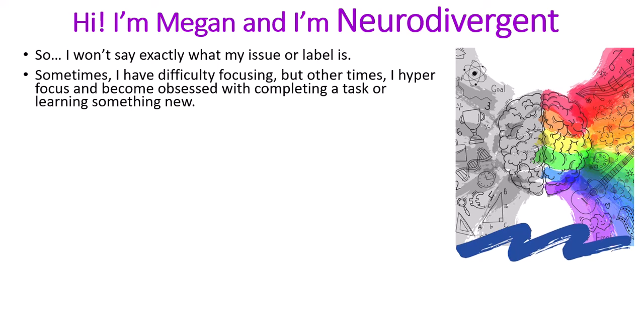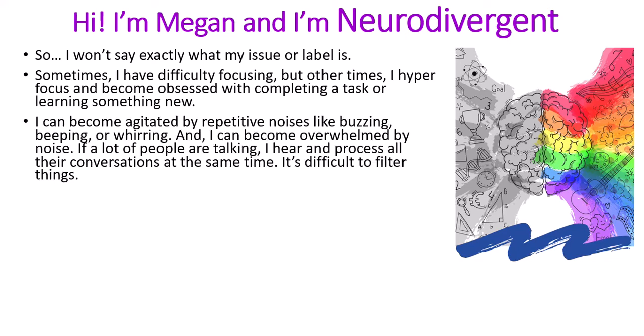Other times I hyper-focus and I become obsessed with completing a task or learning something new. For example, I'm an author, and when I write a book, I write quite quickly, and I sometimes have difficulties not writing a book when I'm in that mode. So that is a good example of hyper-focus.